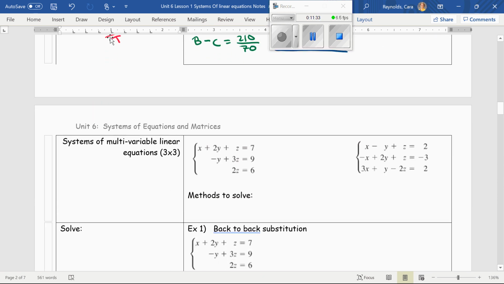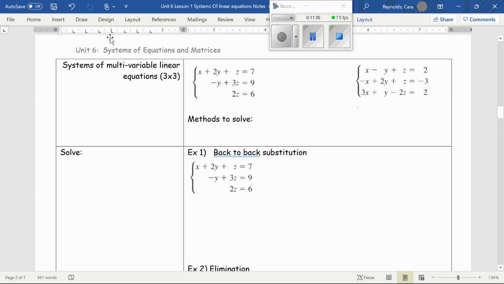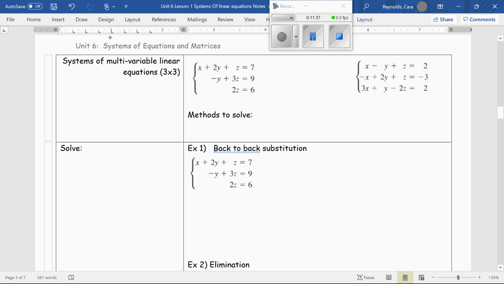Okay, so that gets us into multivariable linear equations, which would be like a 3 by 3. So you have 3 equations with 3 variables in this particular case. So you're mostly going to use elimination with a small combination of substitution since we need to plug those values back in.